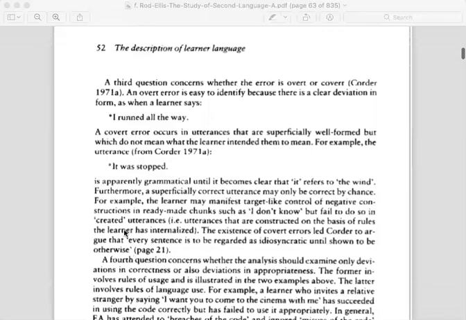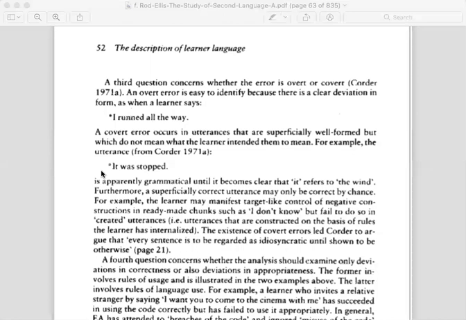You know, when a student says "it was stopped," that's fine. There's no problem with the structure. But what about if it's the wind? "Wind was stopped." Now, the structure is fine, but the sentence isn't really appropriate, because wind cannot be stopped.